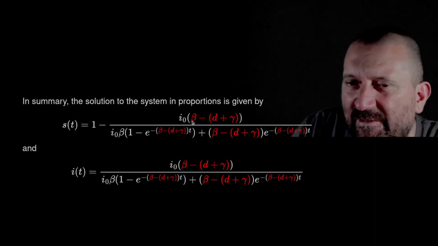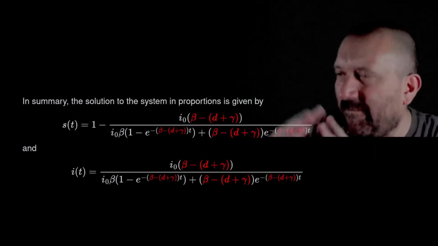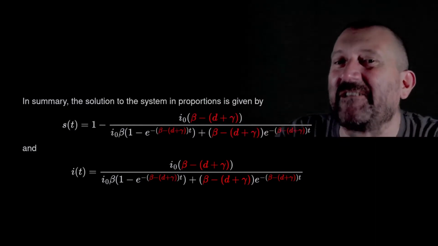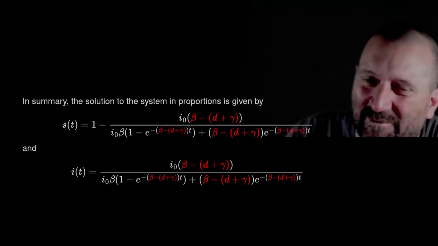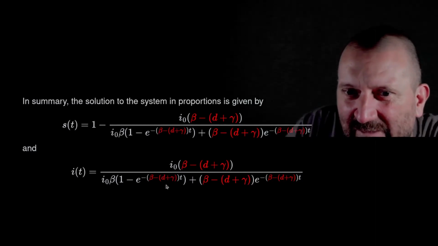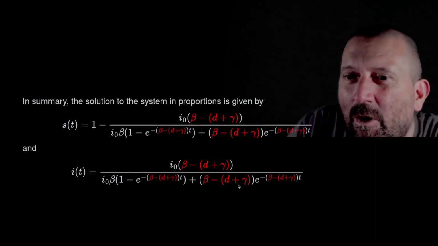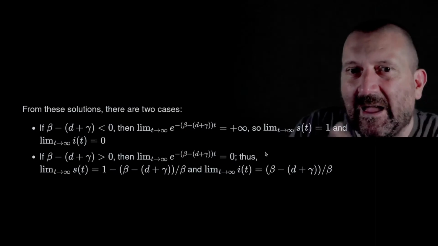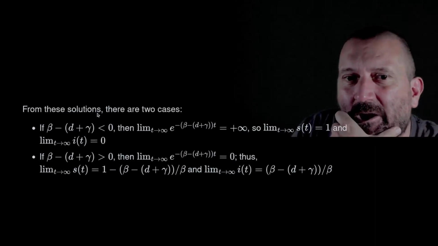And this one is negative. So you can see that, it turns out, the sign never changes. The sign of the entire expression is always going to be positive. But what's important is whether these quantities go to 0 or not. Okay? And so you end up with these two cases.